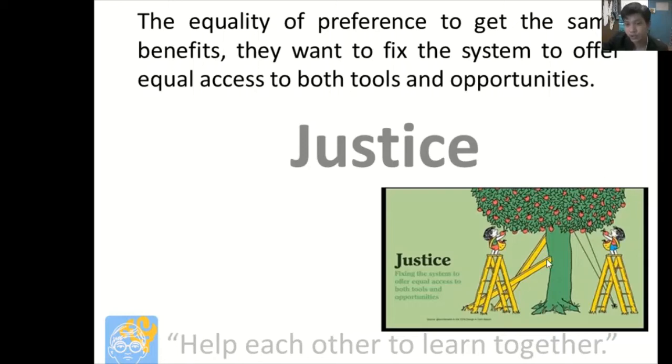In this picture, if they want to get the same benefits, the platforms used here are the same. They want to fix the system in order to get the same benefits. So they are fixing the posture of the tree so that it cannot bend. So that's the justice.